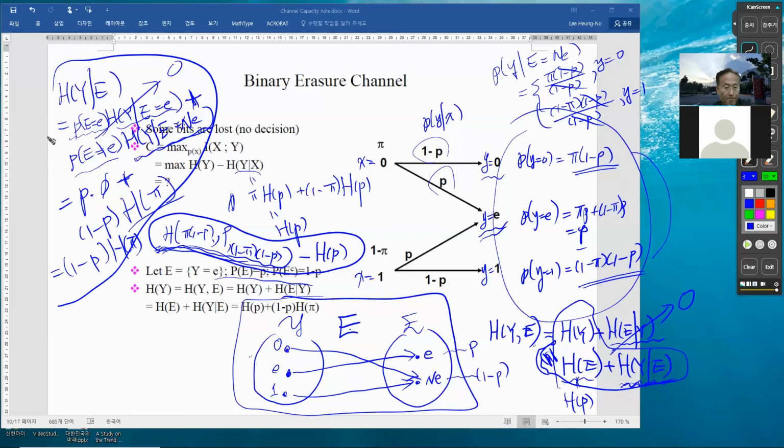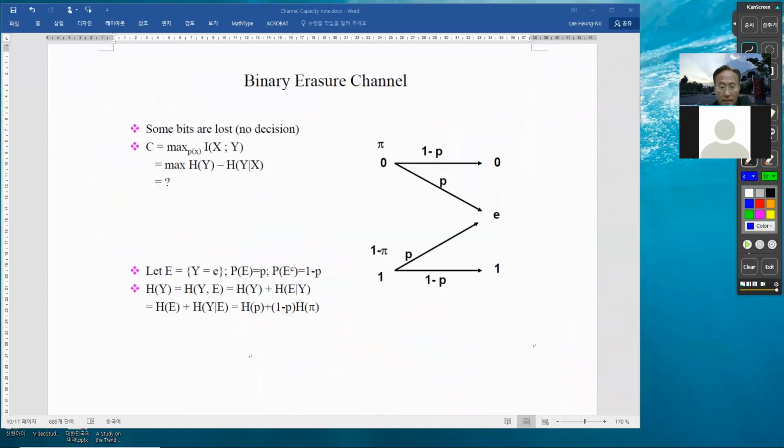Okay, so what we have is H(Y). Utilizing what we have derived, H(Y) is basically H(p) plus (1 minus p) H(pi), and minus H(p).